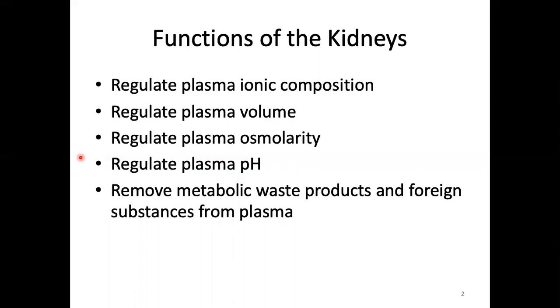The kidneys need hormones to help maintain homeostasis of the plasma and blood pressure. And the main regulatory mechanism for blood pressure is going to be the kidneys, right? So you're going to dump water out if blood pressure is too high into the urine, and you're going to hold on to water when blood pressure is low.